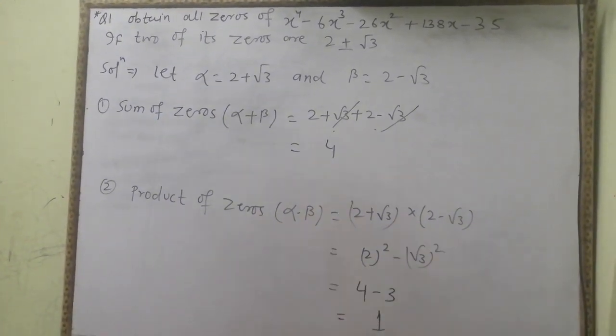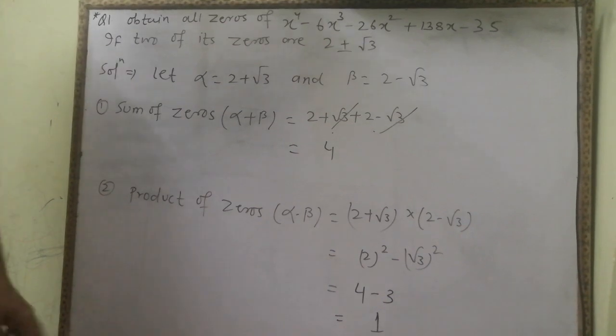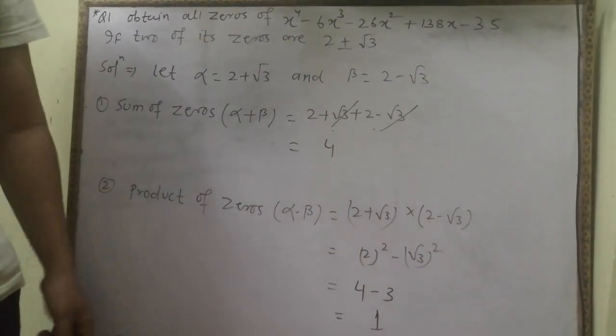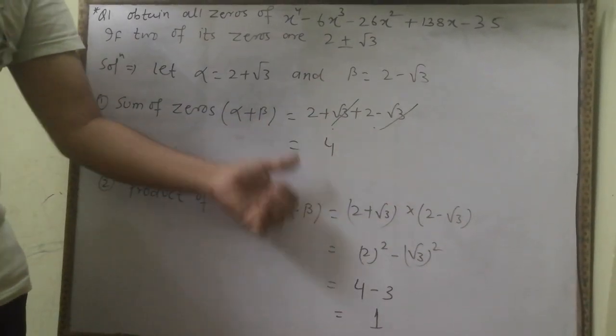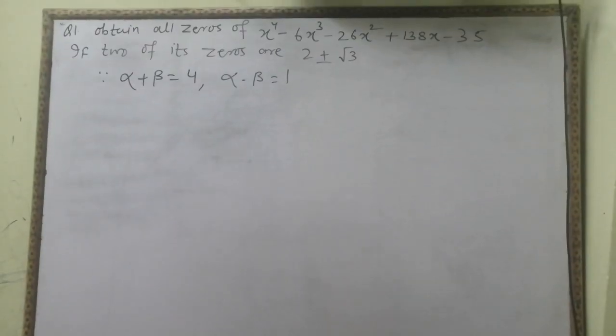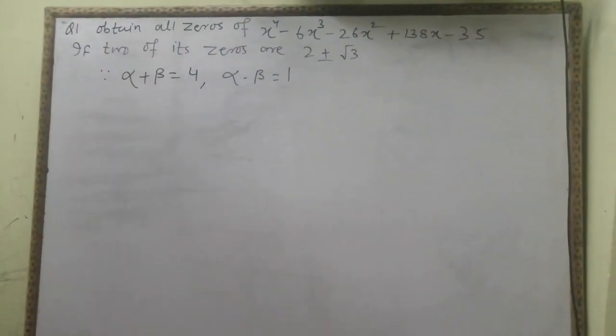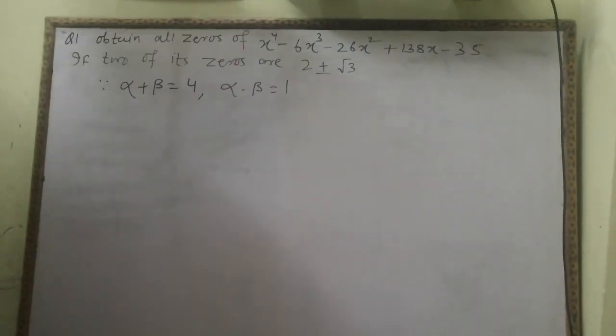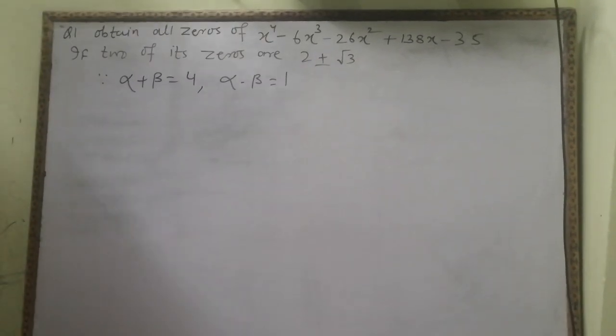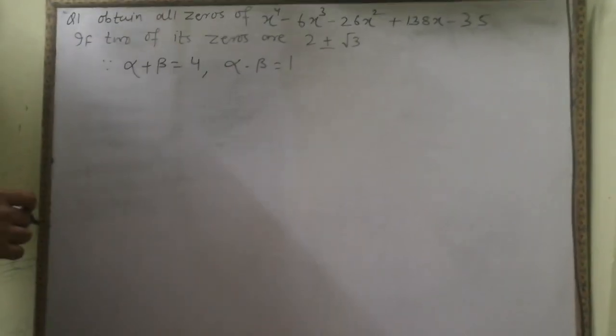Okay, now we will move to the second part, that is, we will find the quadratic equation with the sum and the product. Now we will put in the standard form of the quadratic equation. So what is the standard form?